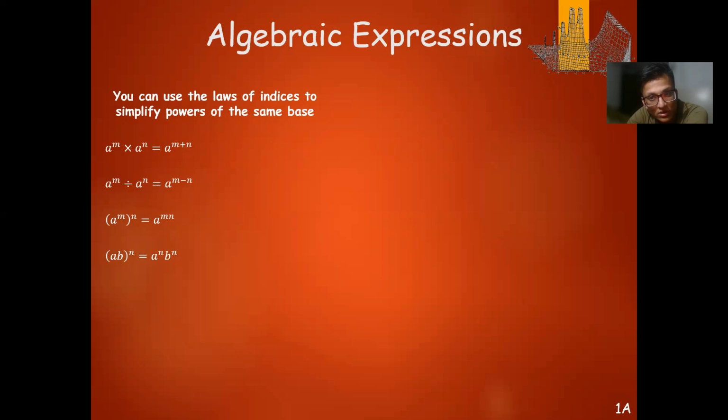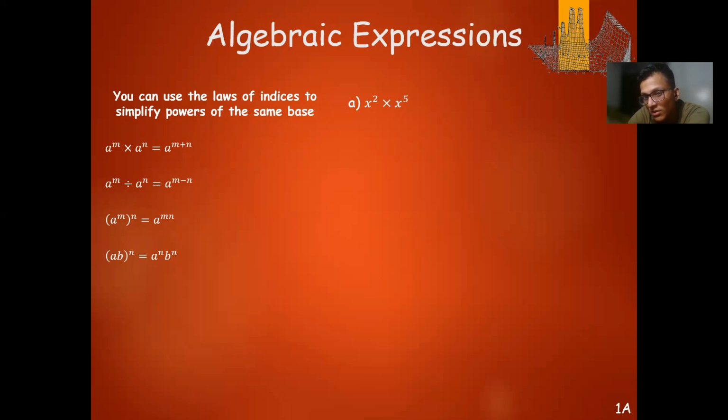Now this is very important. Supposedly, if you're given the expression, let's say 4x raised to power 3, if you want to open that bracket, it will basically mean 4 power 3 times x power 3. So it will be 64x cubed. Moving on, here are a few examples.